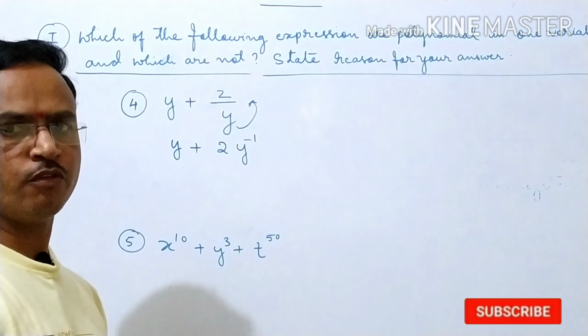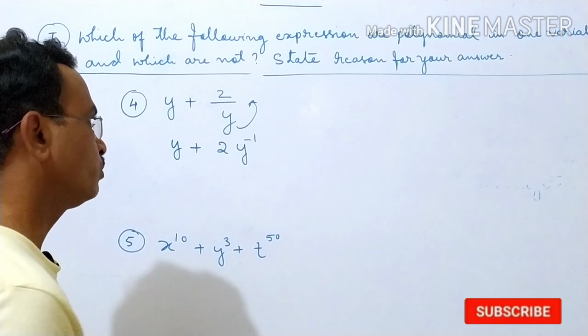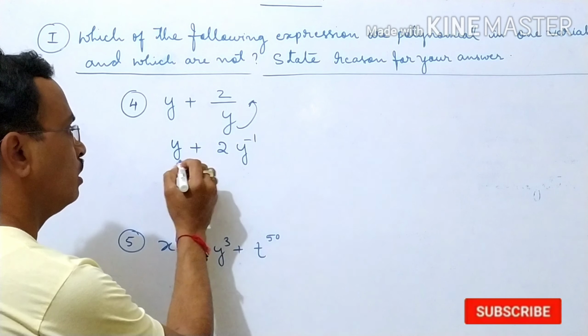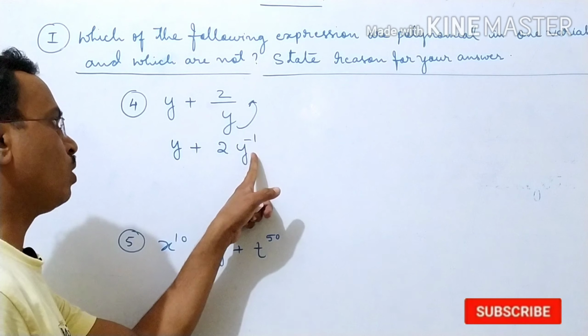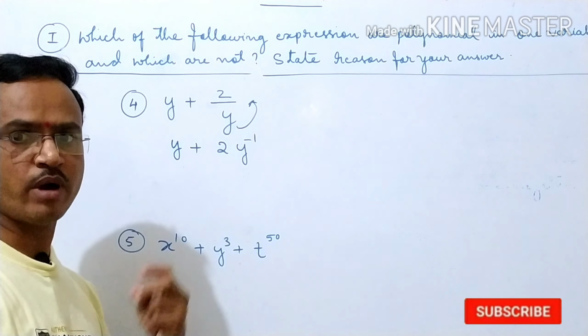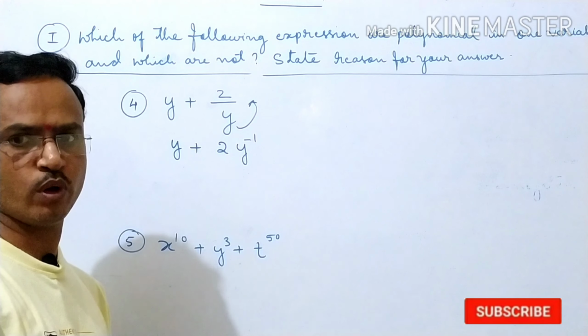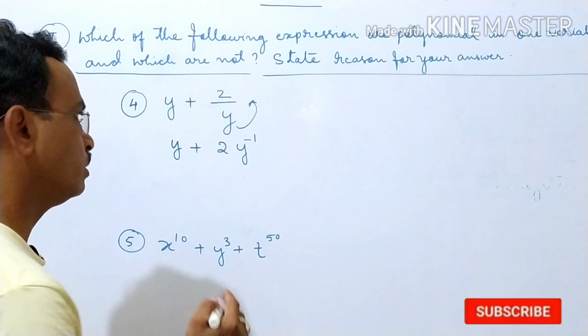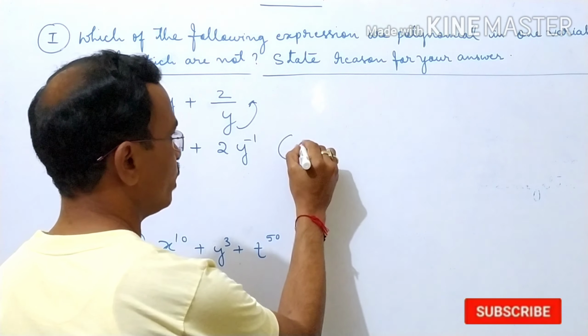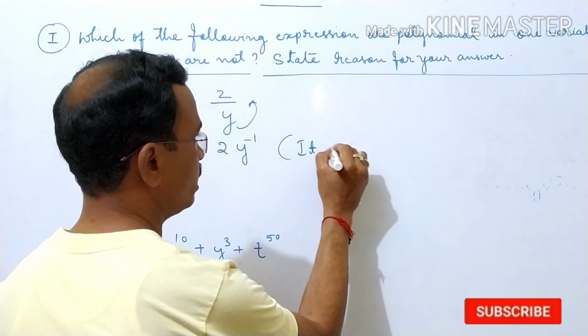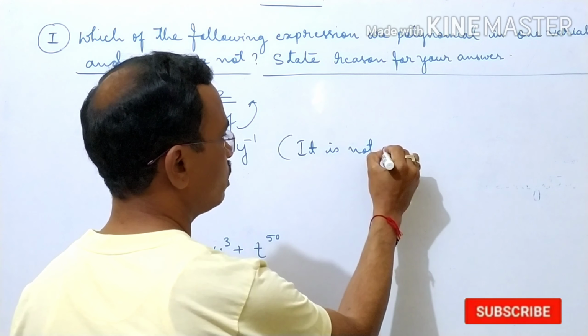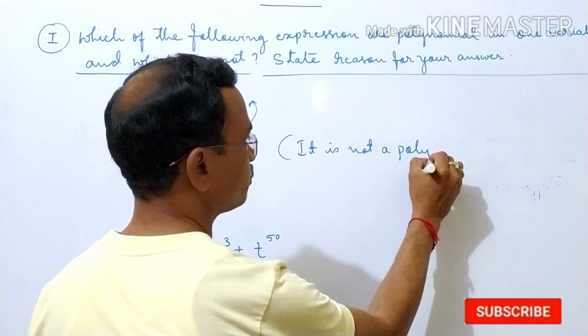Minus 1 is not a whole number, so it is not a polynomial.